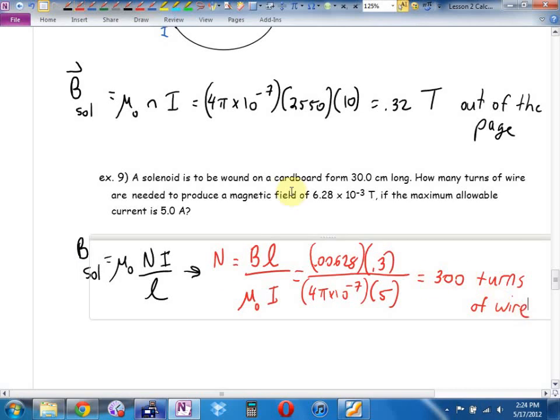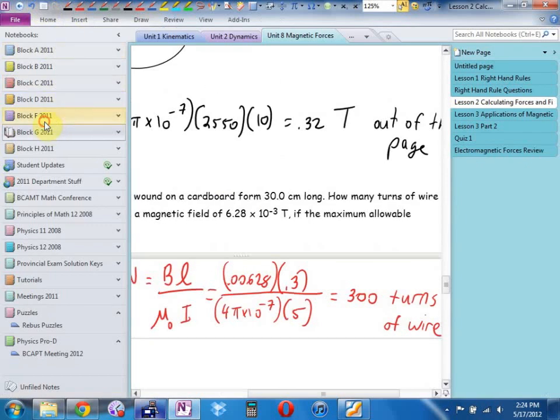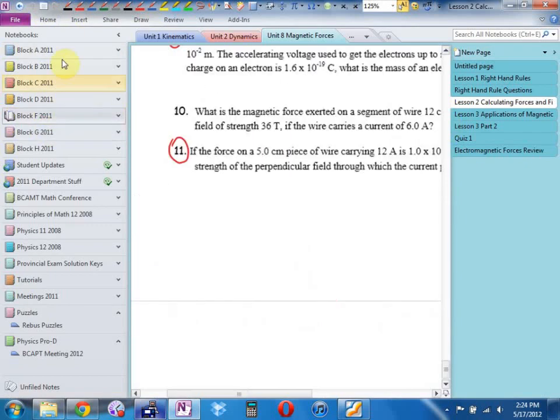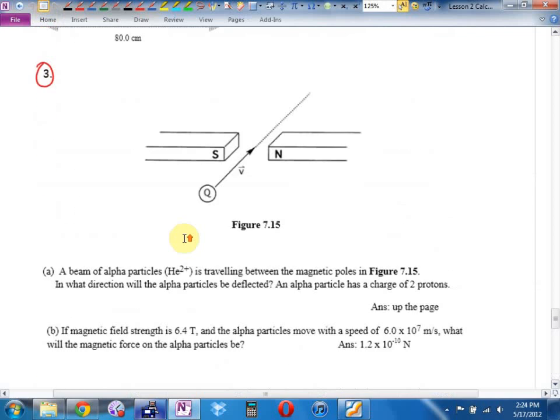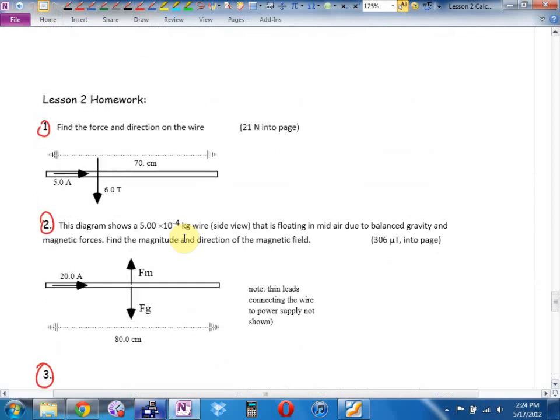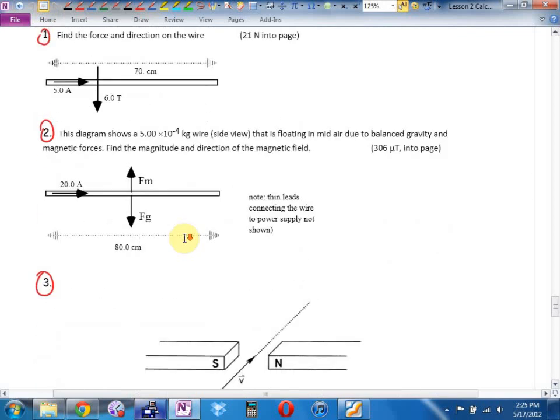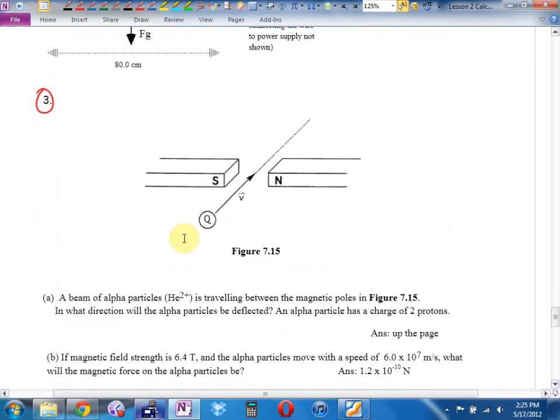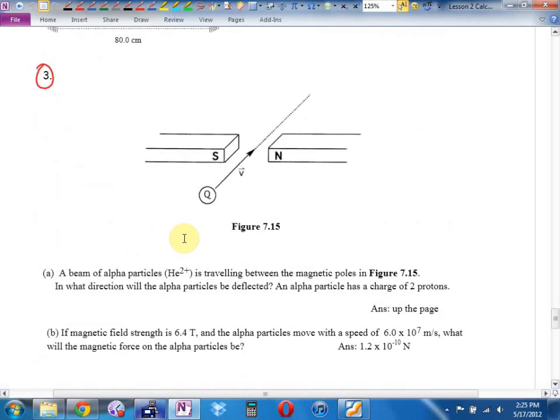Okay. What's your homework? Here's what I assigned my last class. We did 1, 2, and 3. Now, if you take a quick look at number 3, they're talking about a helium-2 plus. A helium-2 plus ion is 2 protons. What's the mass? 2 protons.